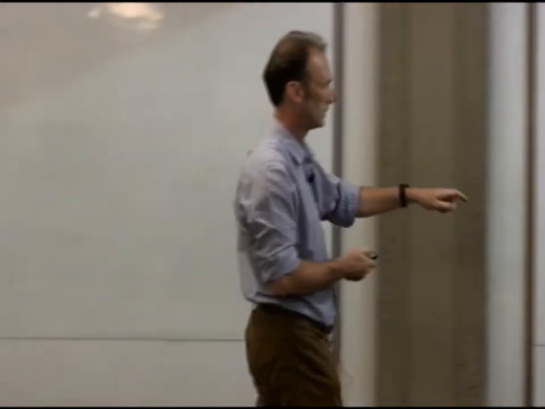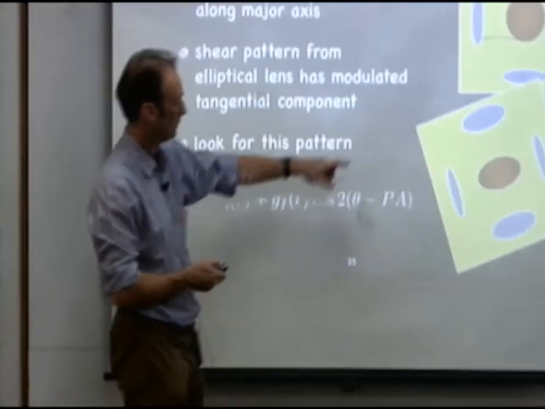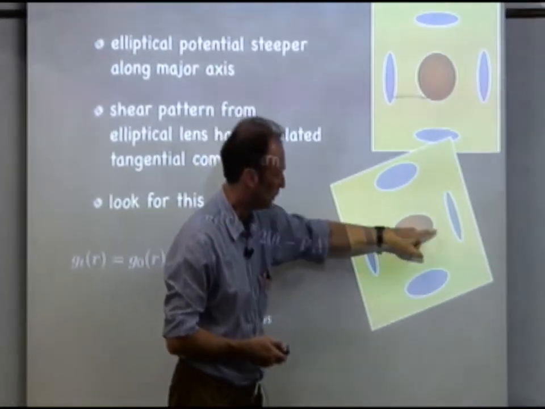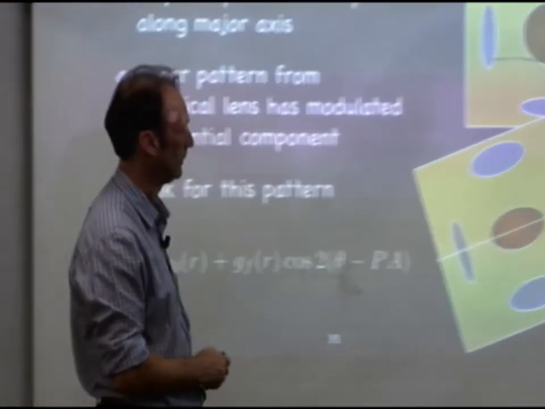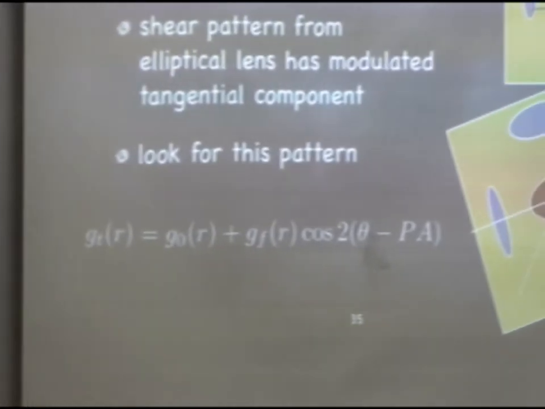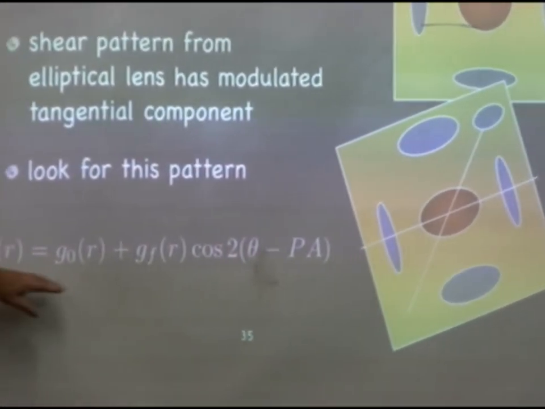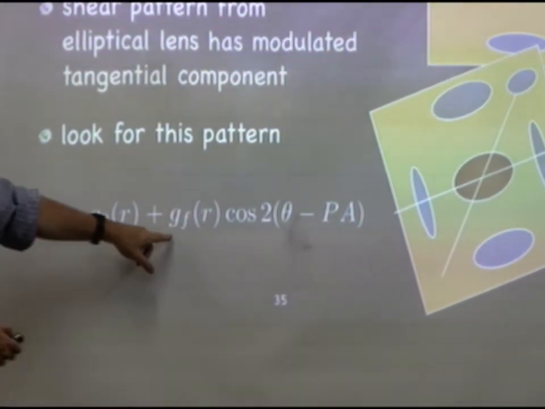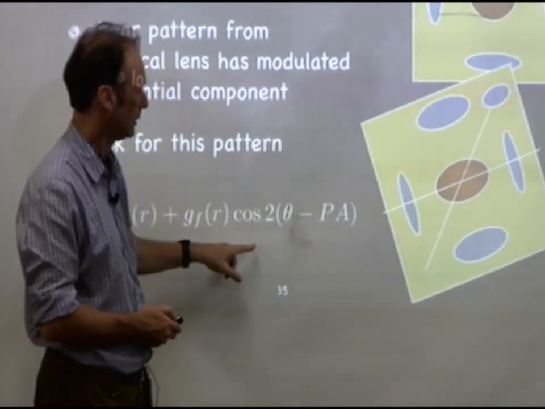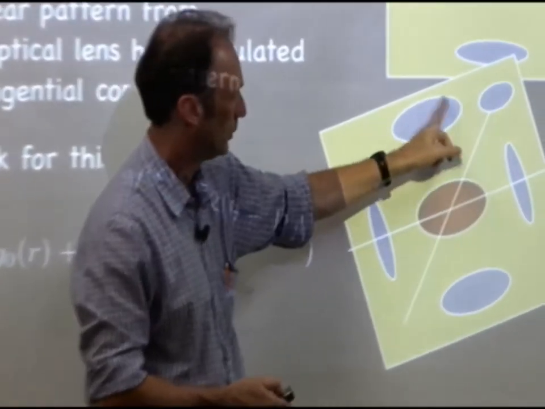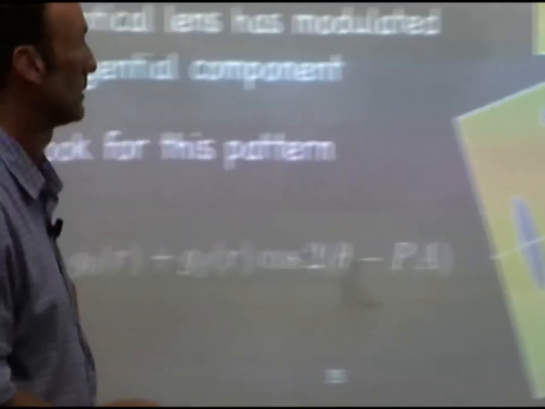So then the shear pattern depends not only on distance from the lens, but also on angle with respect to the major axis, like we have here. Right? So for every galaxy, you don't average just the tangential shear, but you also look for something that goes like the cosine of twice the angle with respect to the position angle of the lens.